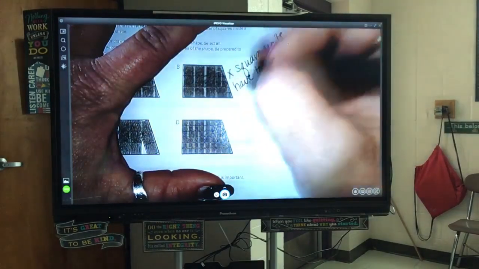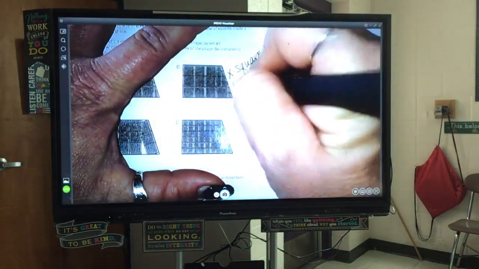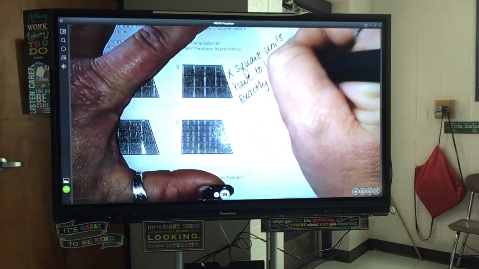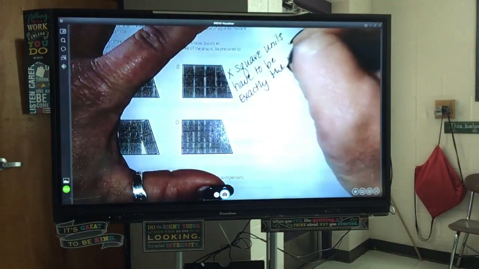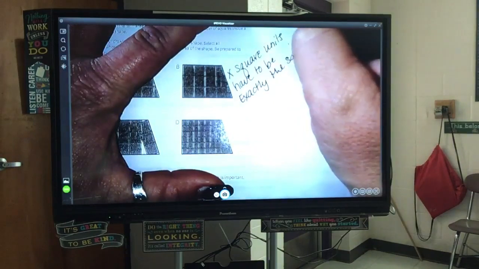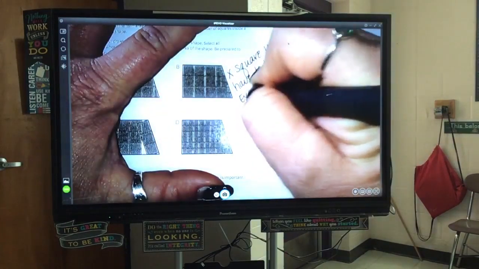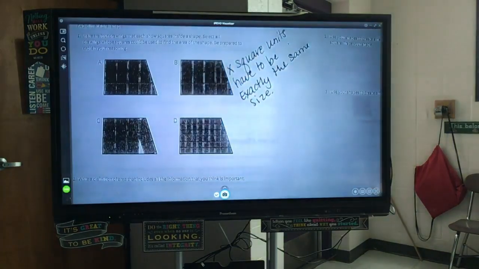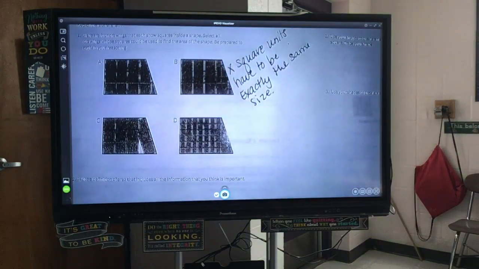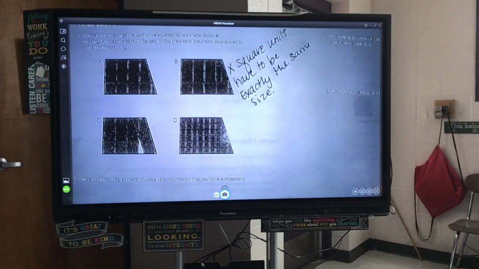Yes. Okay. But it has to be the size, but if they look like the triangles, they're probably cut in half because it's not a full square. Okay. All right. And please make these notes as I'm making them next to each one, A, B, C, and D, just so that you have the knowledge of why it didn't work. All right. So that's B.